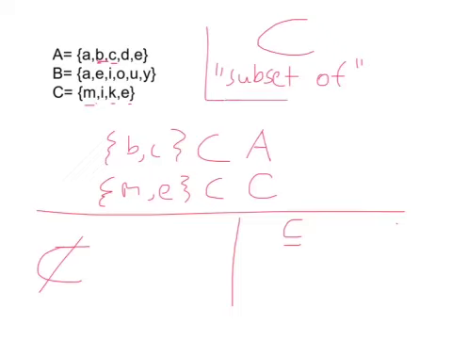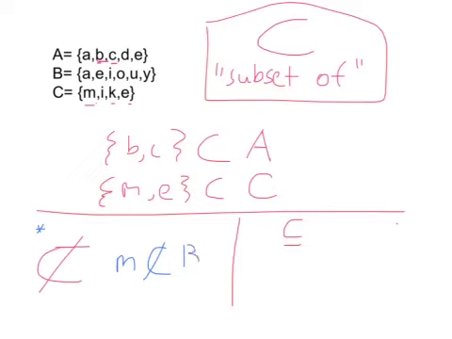So that's a subset. If we put a line through it, like we have here, the line through it just means not a subset of. So an example, M is not a subset of B, because, and let's put brackets around it, M is not contained in B. This symbol here means it's a subset of and equal to.